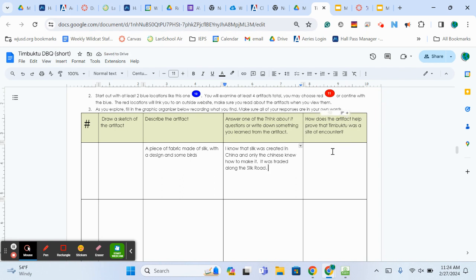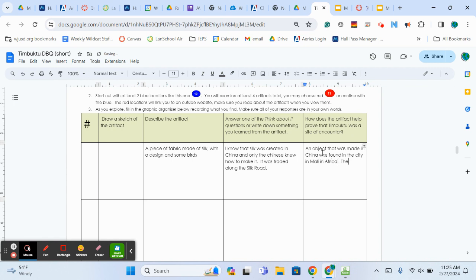Okay, and now I have to really think about it. It says, how does this artifact prove that Timbuktu was a site of encounter? So this was an object that was made in China, was found in the city in Mali in Africa.